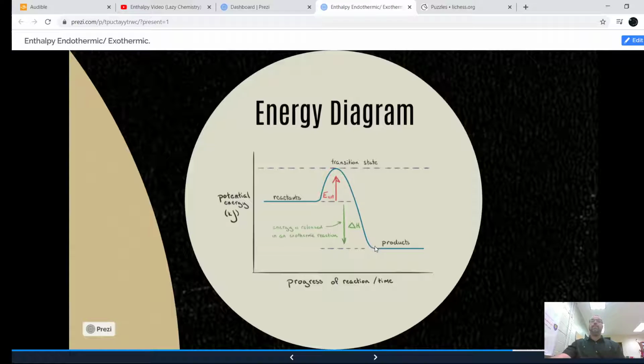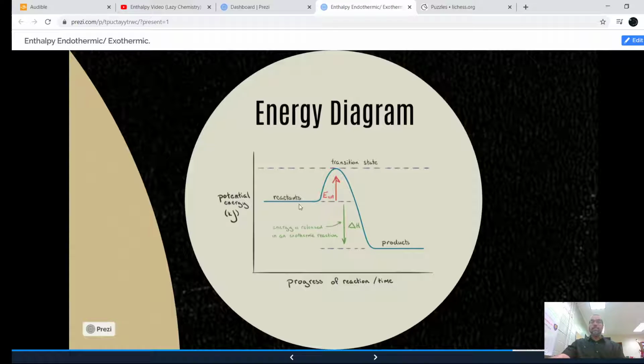And then you'll notice that the energy of the products ends up being lower, okay? The difference between the reactants and the products is going to be our enthalpy, or change in enthalpy, and that's usually what we are going to be concerned about, this delta H, okay?